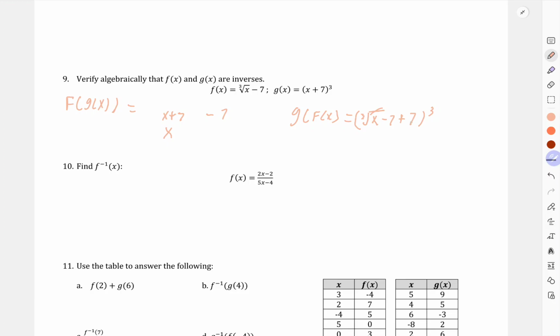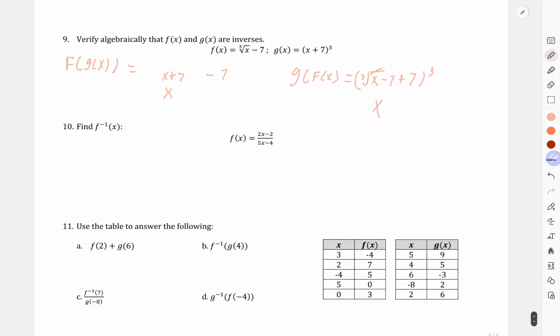What I can verify is that these become the same thing because they're both 7. They became the same number after being to the power of 3, so it still gives us x, right? Since these are both the same number, when they subtract out, they become 0, and then all we are left with is x. My bad. So now we need to find the inverse of this.